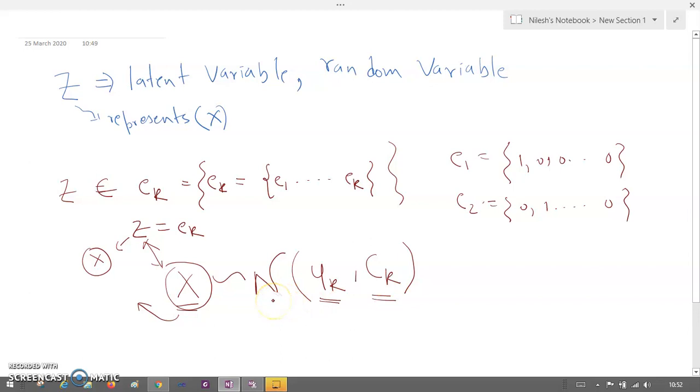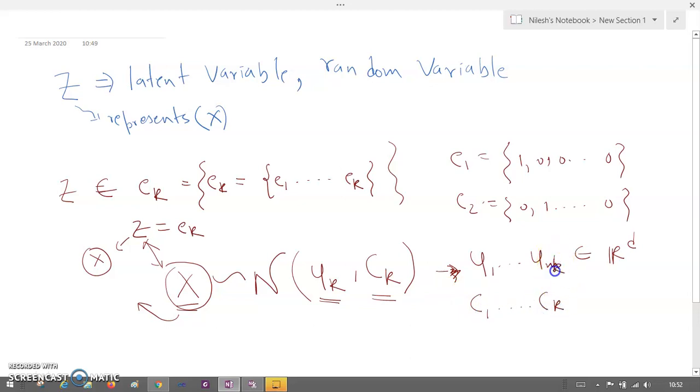Here n is the normal distribution, and let me also draw it out here. What I want to say is that mu1 to mu m, that is your mean, belongs to d dimension space, and your ck is variance actually, but here variance means a covariance matrix. I'm using a covariance matrix rather than variance, and it also belongs to c1 to ck.